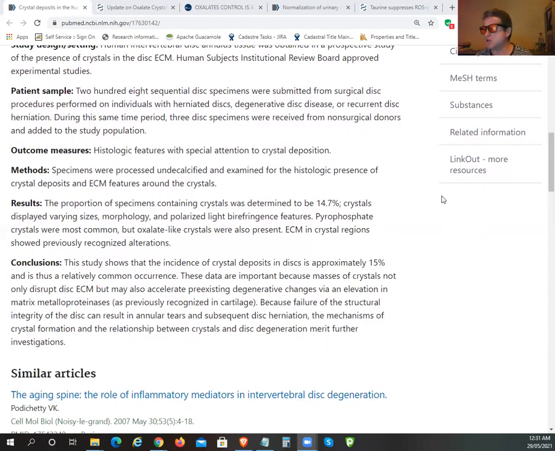Conclusions: this study shows that incidence of crystal deposition in discs is approximately 15% and is thus a relatively common occurrence. These data are important because masses of crystals not only disrupt disc ECM, that's the extracellular matrix, okay?